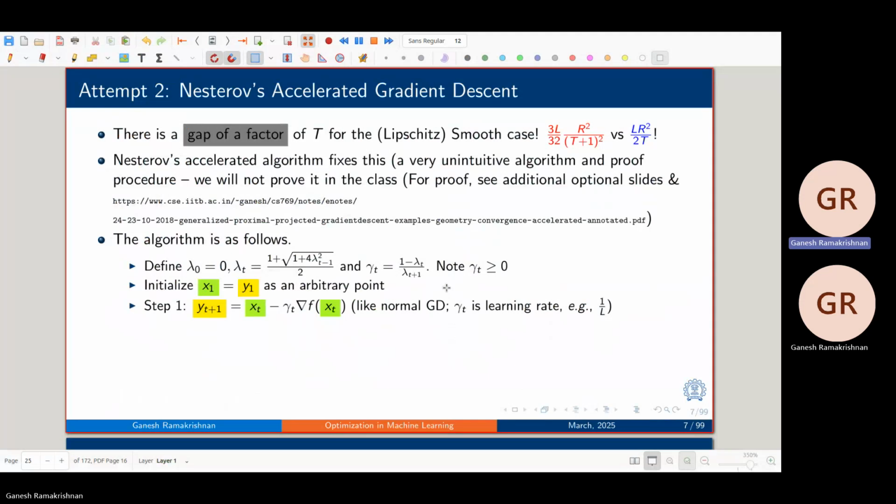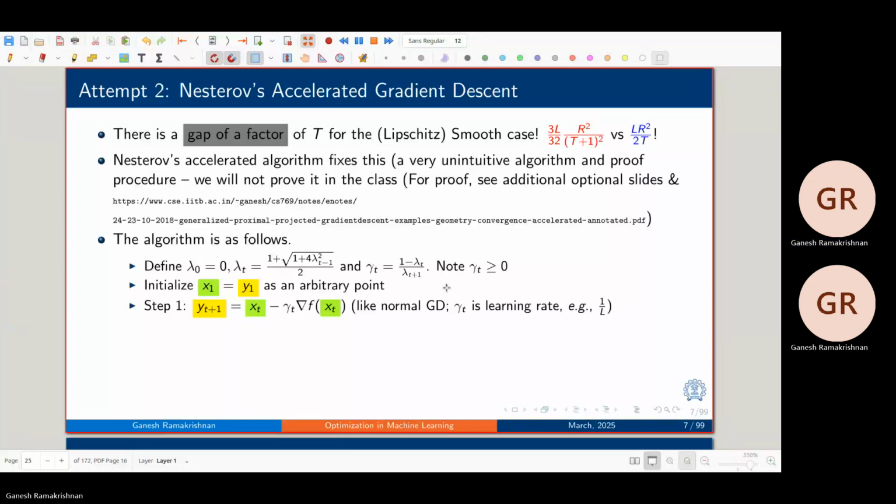So what is gamma t initially? Let's start with gamma t initially. Lambda 0 is 1. Lambda 1 is 1, right? So let's understand the behavior. Lambda 0 is 0. Lambda 1 is 1. Gamma 1 is?